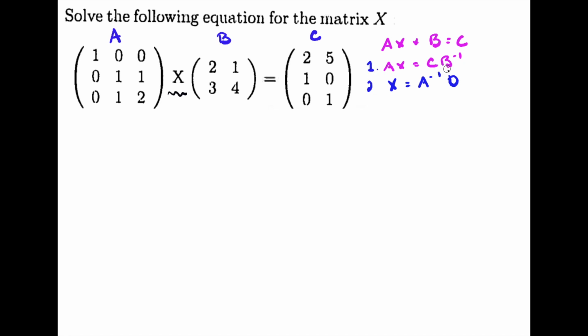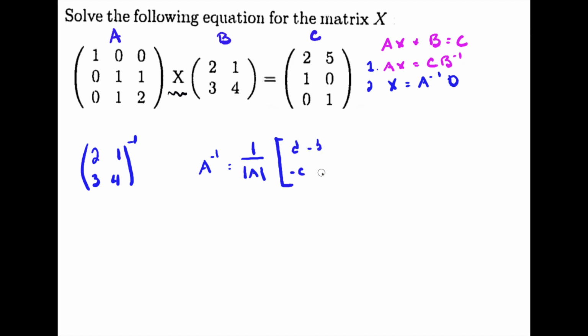Let's go ahead and find the inverse of B. So we have 2, 1, 3, 4, and we're going to try to find the inverse. There's another equation you should know. To solve A to the negative 1 of a 2 by 2 matrix, we do 1 over the determinant of that matrix multiplied by D, negative B, negative C, A. So let's just do that. 1 over the determinant.